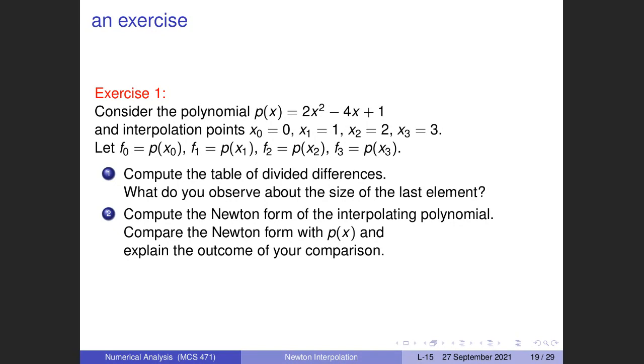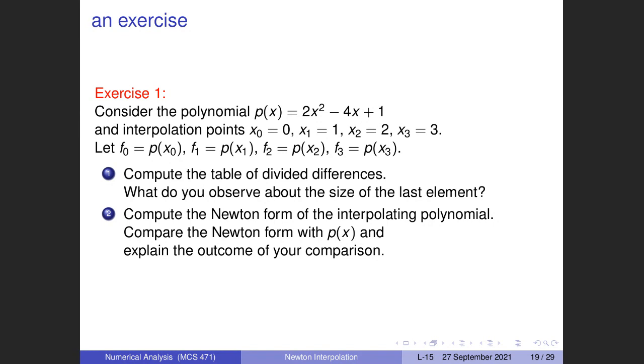So we compute the Newton form. In a way, this is kind of a shifted basis. The polynomial is given here in the standard basis, but we are now representing it in the shifted basis: x minus x0, x minus x1, x minus x2, x minus x3. So it will be a quadratic polynomial.